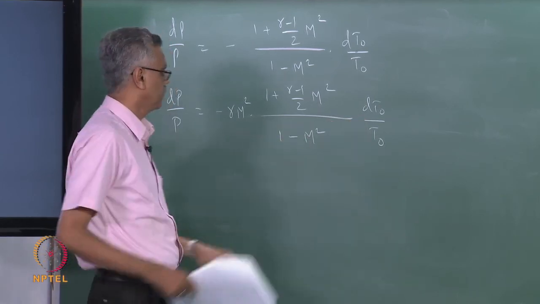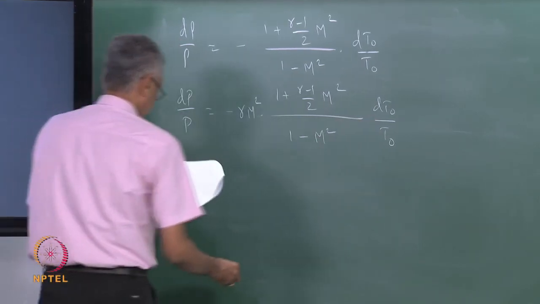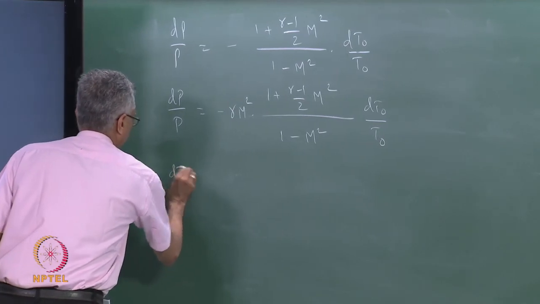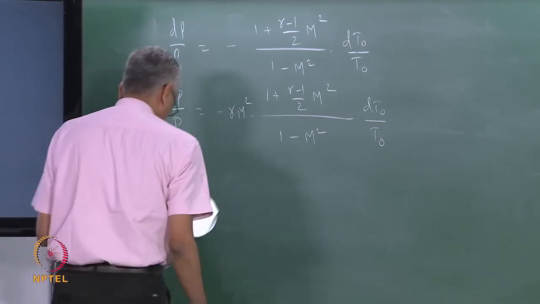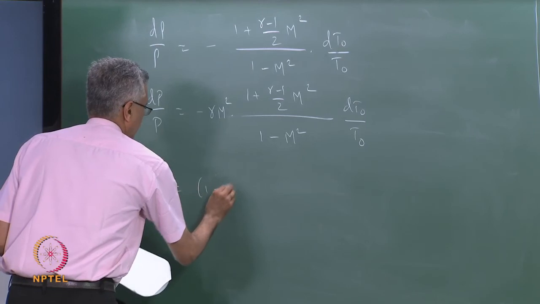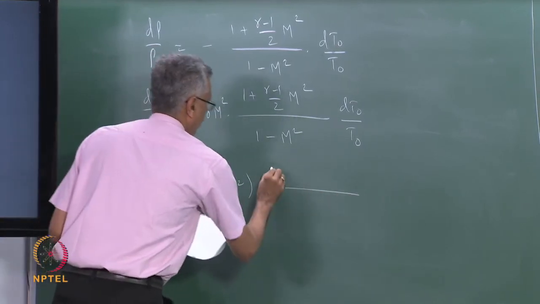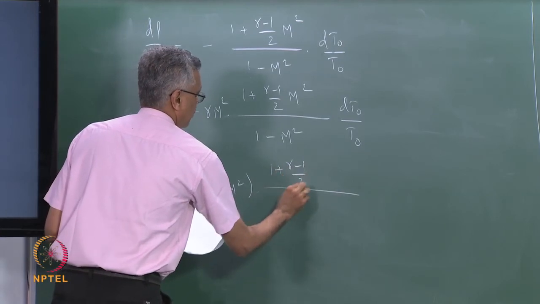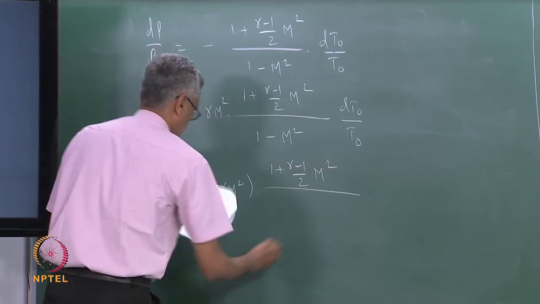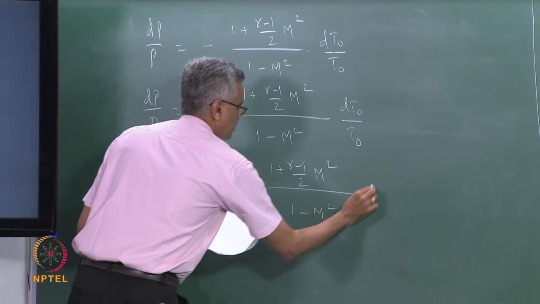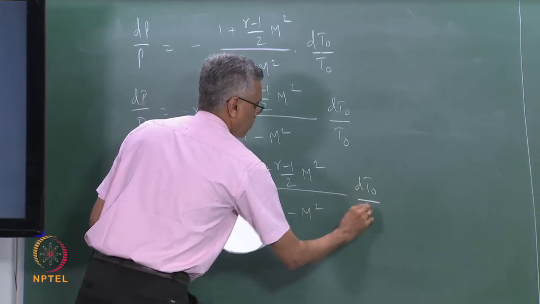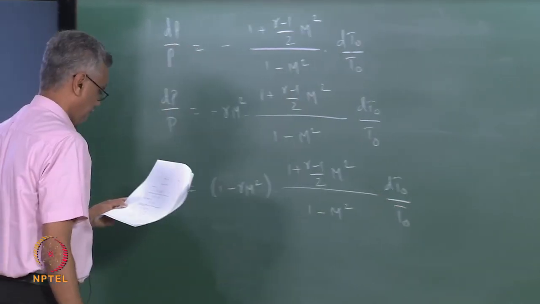And now I can look at change in static temperature, dT over T is equal to 1 minus gamma M squared times 1 plus gamma minus 1 over 2 times M squared divided by 1 minus M squared times dT naught over T naught.